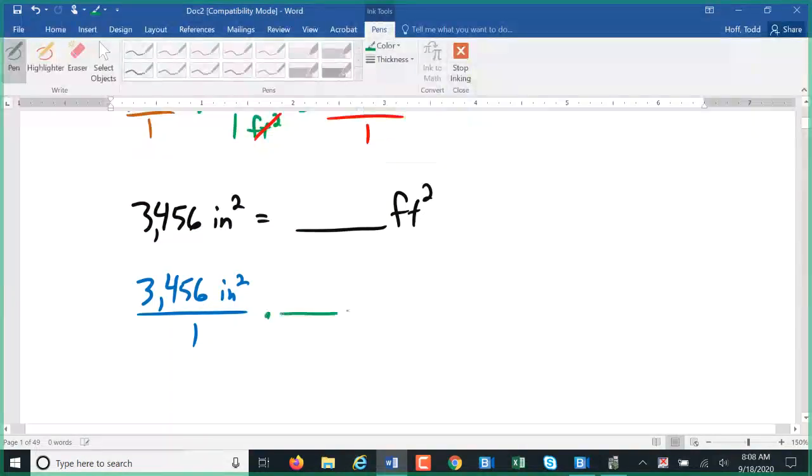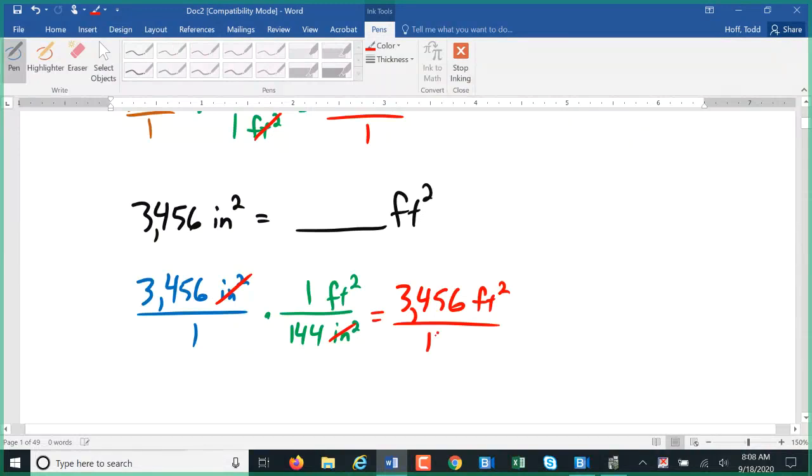And my conversion factor, now square inches have to go on bottom, so the square feet will be on top. 1 square foot is still 144 square inches. Square inches cancel out. 3,456 times 1 square foot is 3,456 square feet. On bottom, 1 times 144 is 144.